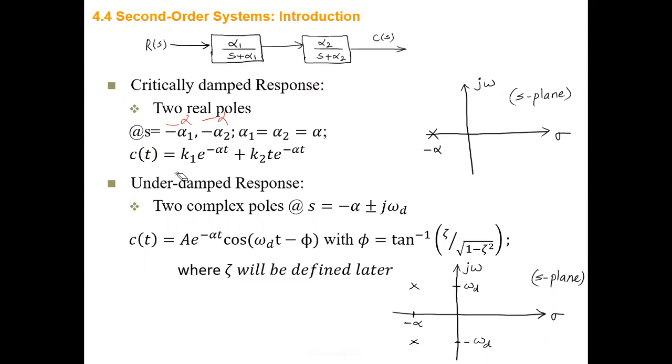What is the difference between the previous solution and this solution? In the previous solution, you didn't have this t there. But if you have the same real pole, then you will have this t there. This kind of solution is physically the critically damped response.